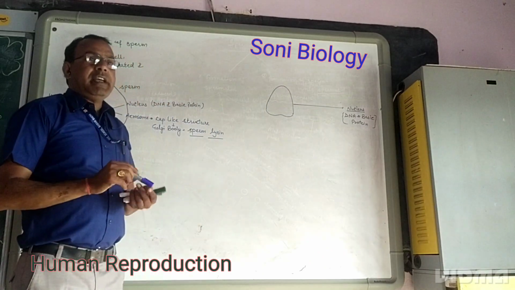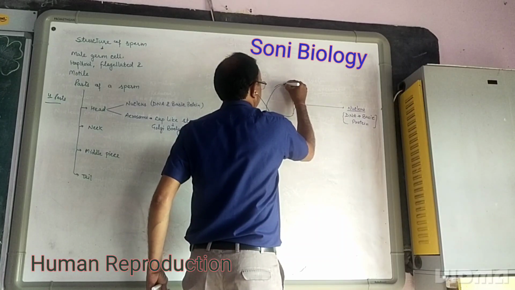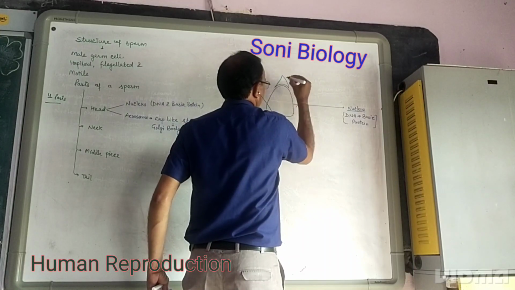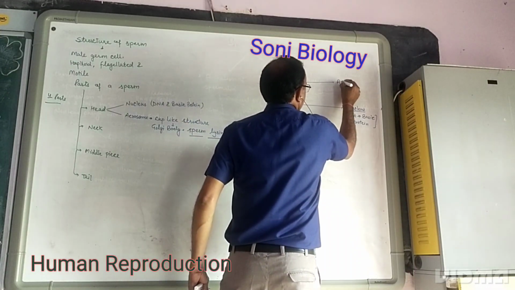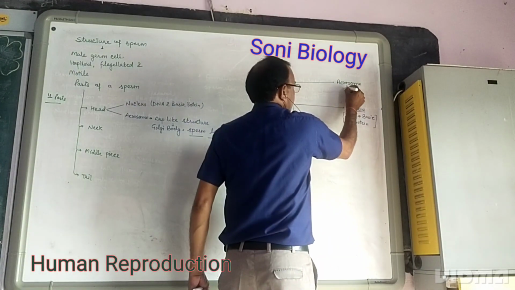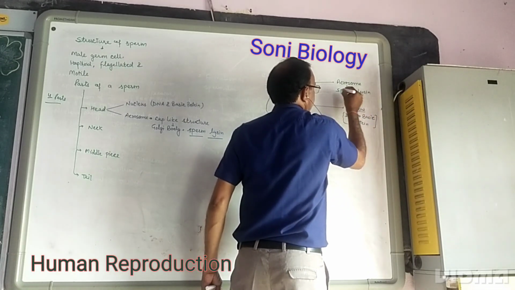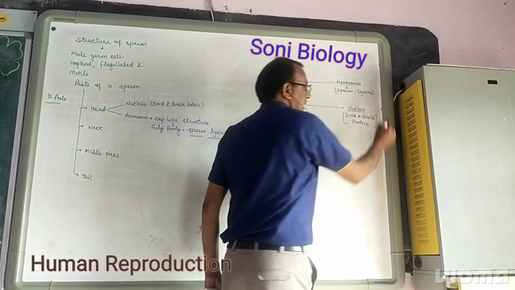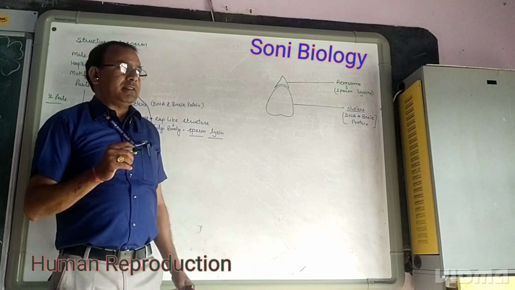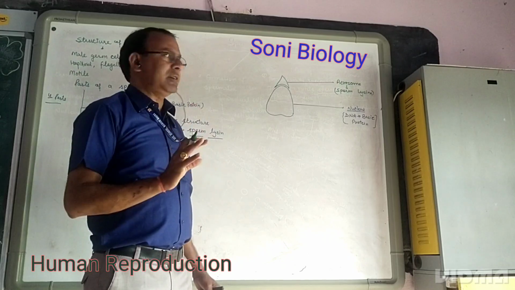At the nucleus, a small cap-like structure is present. That is called the acrosome. The acrosome contains sperm lysin, an enzyme responsible for decomposing the outer egg layers, so that the sperm enters the egg and fertilizes it.